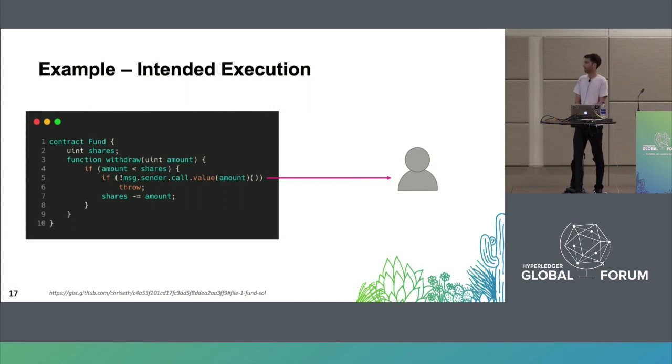On line 5, where they do the call and withdraw the amount, that goes to an end user who receives that money. And then after they receive the money, the function call will return back, and then the shares will get updated after that. However, since the shares are updated after the call to actually withdraw the amount, that is the reason why we can have a reentry attack.